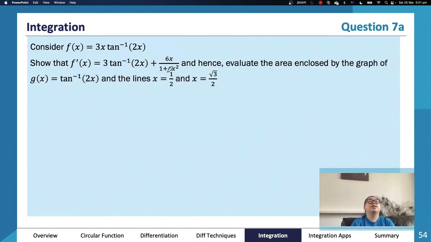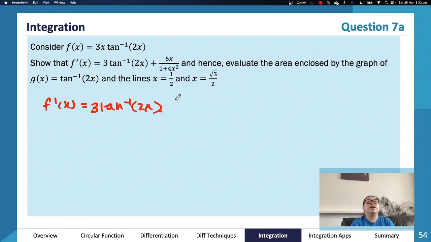Cool, so let's talk about it. They want us to show that this is equivalent to this, and then hence evaluate the area enclosed by this graph and the two lines. So if we have f dash of x, that's going to be equivalent to, we diff the first, keep the second, so I'm going to say that's 3 tan inverse 2x, right?